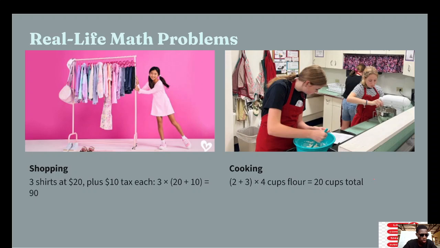So when you have shopping, maybe 3 shirts at $20 plus $10 tax each. So you have 3 shirts which cost $20. Then you add $10 each of what you buy. So what it means is that since you are buying 3 shirts and the 3 shirts cost $20, and then you are giving a tax of $10 on each of the shirts.